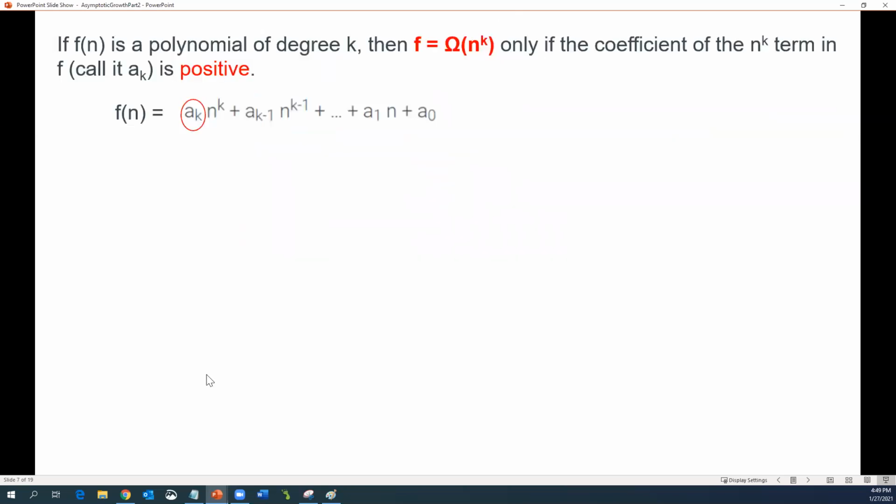Okay, so now, we just said that a polynomial of degree k is always going to be O of n to the k. Well, this is telling us that a polynomial of degree k will also be omega of n to the k. Remember when we were talking about upper bounds, we said an upper boundary doesn't help us that much. I could say I don't make any more than $3 million a year.